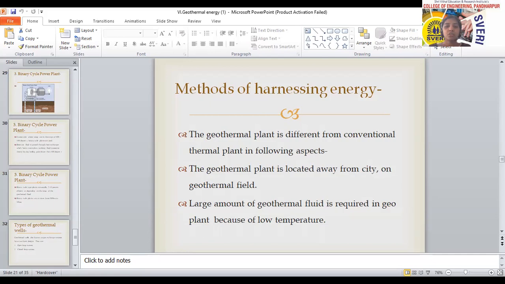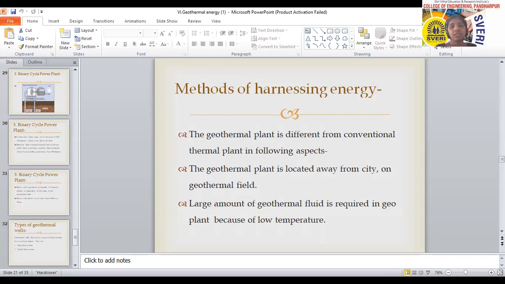A large amount of geothermal fluid is required in a geoplant because of low temperature. That means if you want to generate the same amount of energy as a thermal power plant, a large amount of geothermal fluid, whether steam or water, is required to generate the required output.